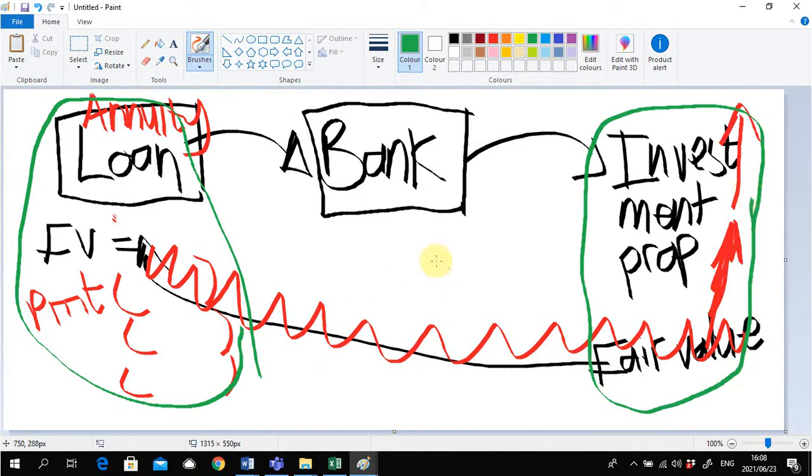You cannot argue that the fair value of your investment property has anything to do with your loan, because it's not going to matter what the investment property is worth. You will always owe an X amount on the loan depending on how many payments you've made and how many payments are still outstanding.